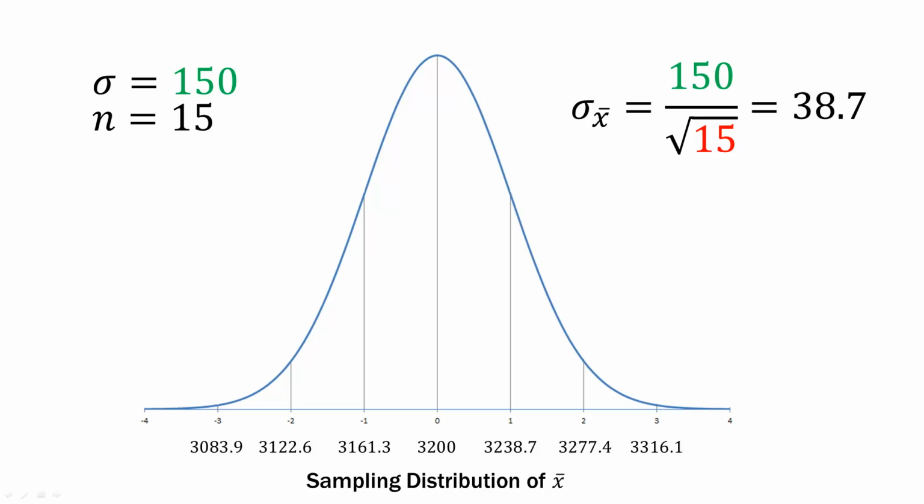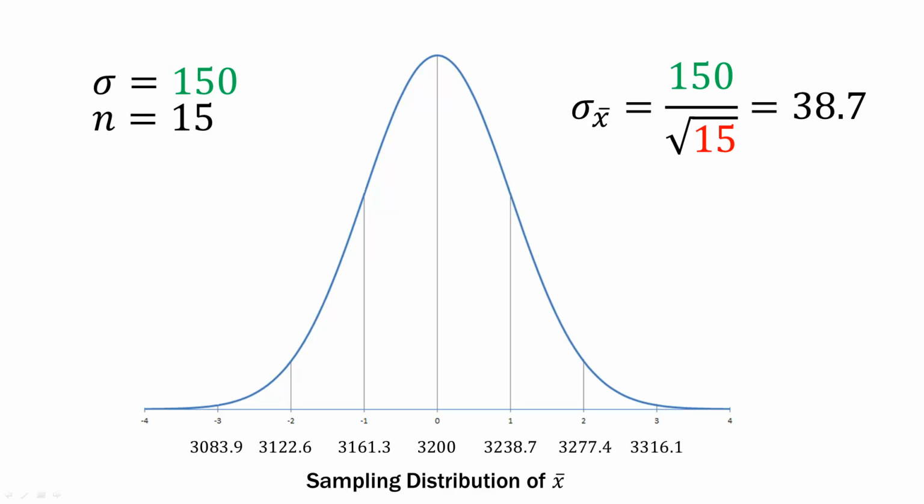Now because this is a normal curve and we're using the z-distribution, we can actually put in the numbers for the z-scores. So if the standard error of the mean is 38.7, down here at the bottom, we can just add 38.7 to our middle point, 3,200, to actually get the values of our z-scores.